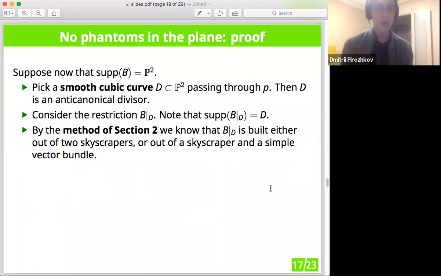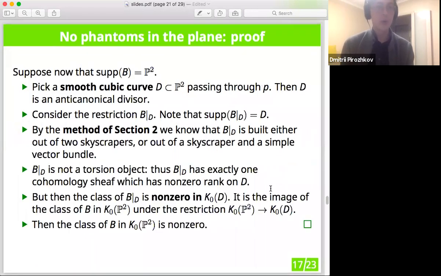Okay, so this proves that there are no very strange admissible subcategories in the derived category of P2, but I have announced the full classification, and the key thing over here is that at this step, when we restrict B to the cubic curve D, we know that it is built out of a skyscraper and some simple vector bundle on this smooth elliptic curve.